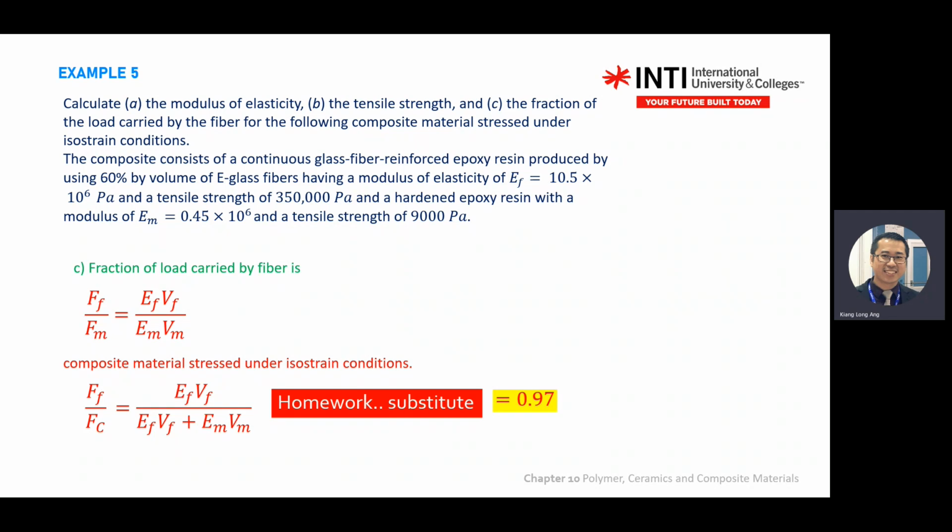Okay, so here, if you look at the slide here, if we are under isostrain, then the bottom one I compare with the composite. Actually here, if you want to write V also can. V is 1, so you cancel out the 1, right? So fraction of fiber plus fraction of matrix. Then you substitute the value, you will get 0.7. Okay.